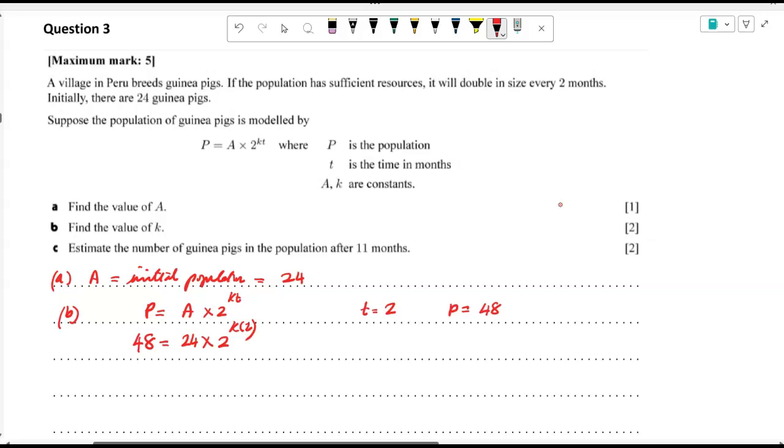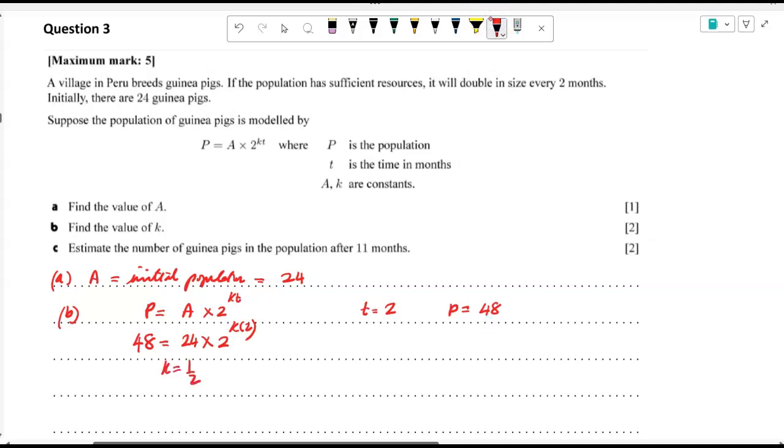Solve, get the value of K. I'm confused with that. See, what you know is that every 2 months, the population will double. Initially, they're 24. But don't you find the value of K? How do you find the value of K? We know that, listen, population will be 48, A is 24, we got in the first part. So population will be 48 when time is 2. We don't know what K is. So you solve it. K is equal to half.